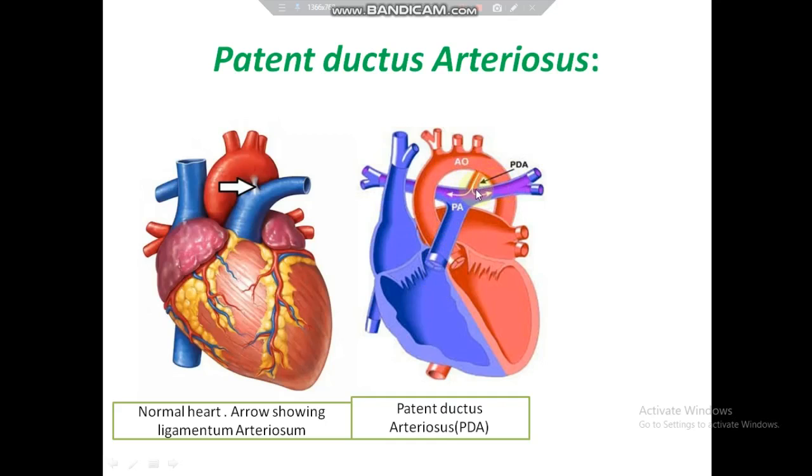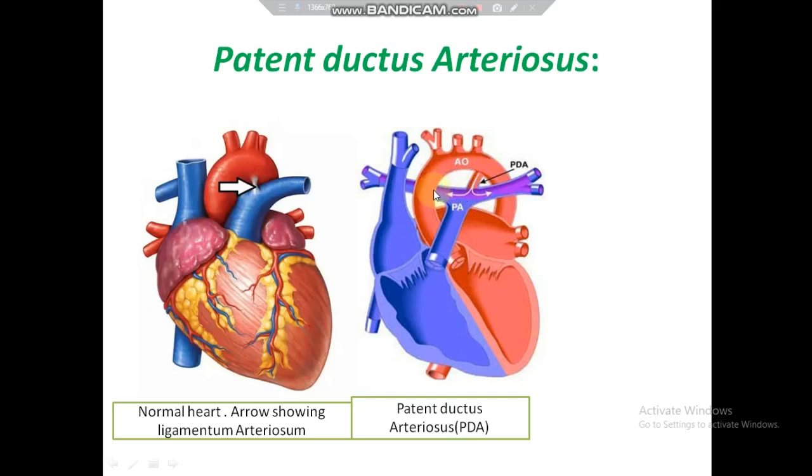During fetal life, the pulmonary blood from the pulmonary arteries goes directly into the aorta. But after birth, when it remains patent, there will be shunting from the aorta, because of high pressure, toward the pulmonary circulation. Again, this will be a cyanotic condition.